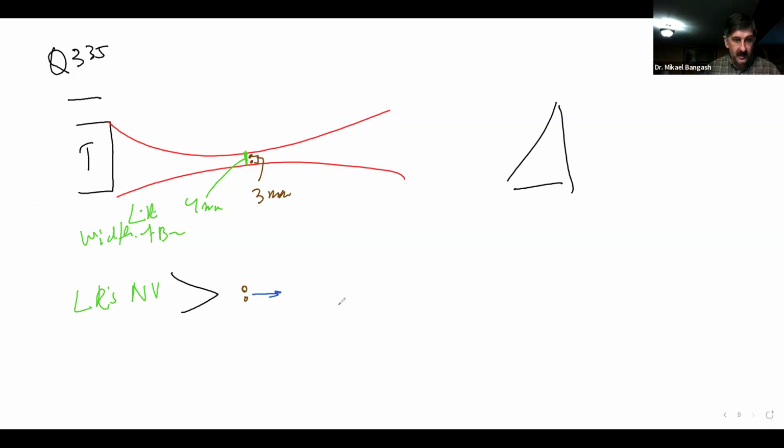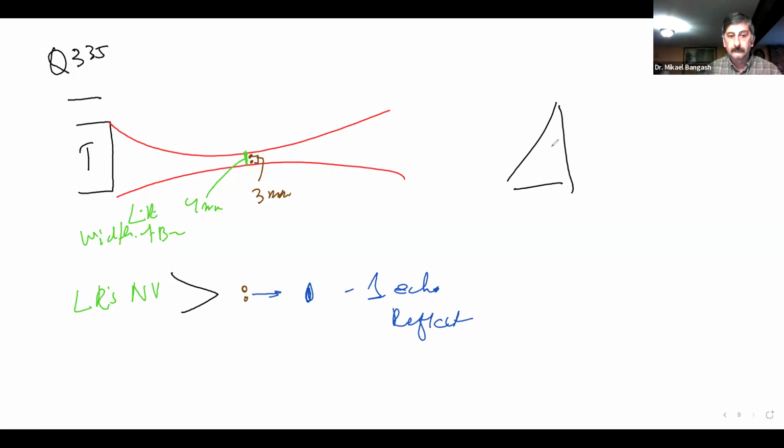So these two structures are going to appear as one echo or one reflection on your scan. Although we had two structures, that mainly means we have a poor lateral resolution.